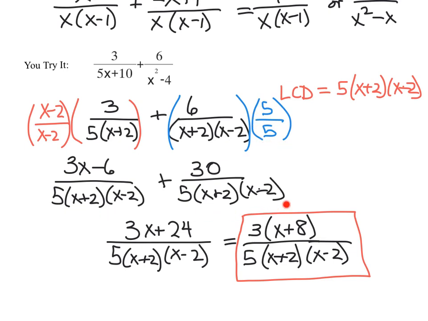Look at our simplified rewritten fractions. Then I added together my like terms in the numerator. This time when I factored that numerator, it gave me 3 times x plus 8, but that wasn't helpful because it didn't cancel with anything in my common denominator. So I actually can leave my answer either in this form or in the form that I wrote over here.